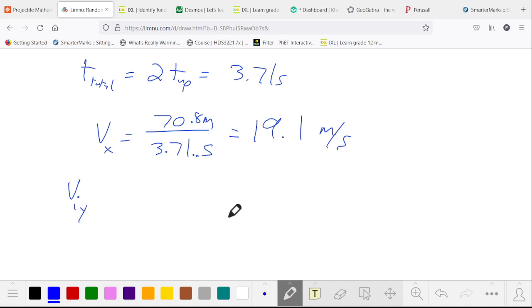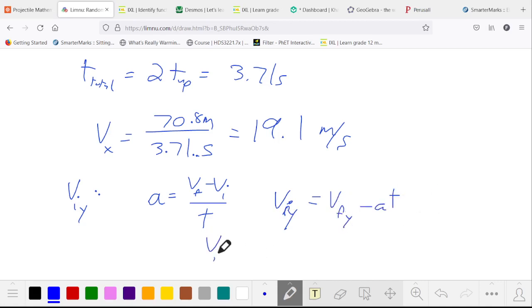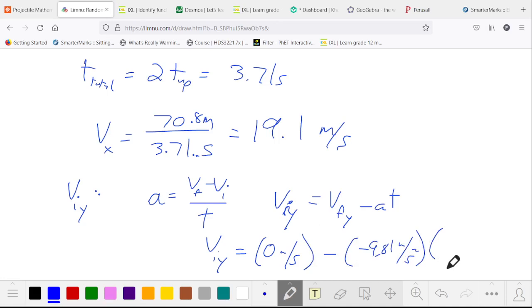Our Viy. To get that, we use a is Vf minus Vi over t. So doing the same rearrangement we did before, our Viy is going to be Vfy minus at. So Viy is 0 meters per second because we're going to the top, minus a negative 9.81 meters per second squared.